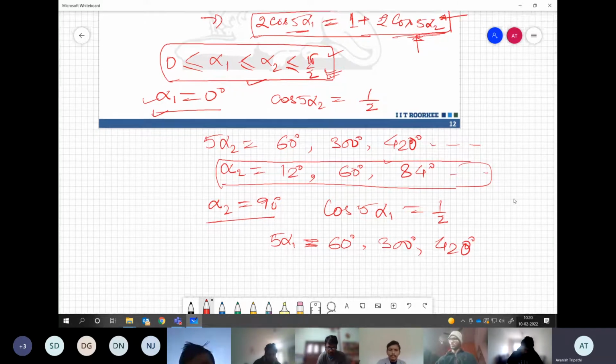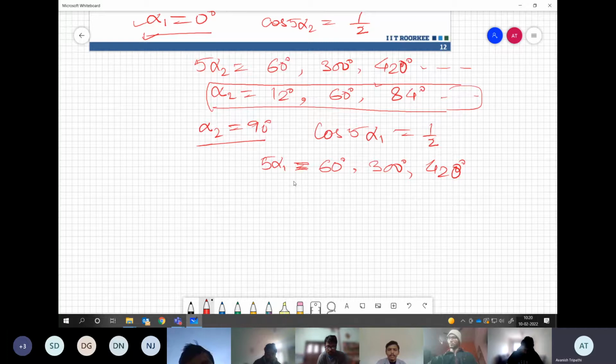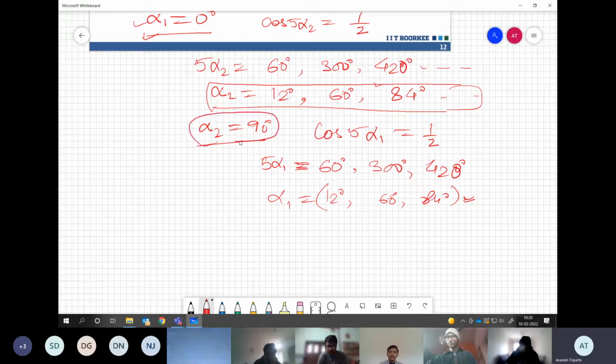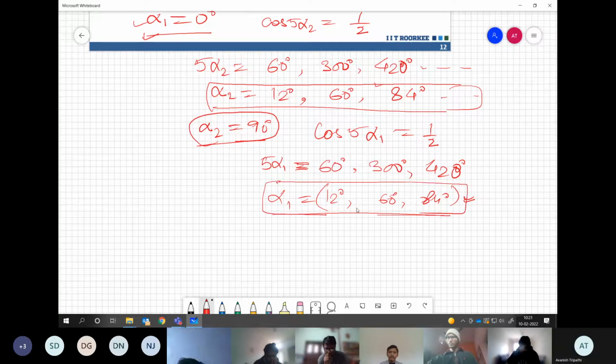Now, among all these values, we know that alpha 1 is attaining 12, 60, 84. Still, all these three are valid because this is within 90 degree and alpha 2 is at 90 degree. So all these values are below alpha 2, and this is also a valid solution. Again, we took one value of alpha 2 and we are finding multiple values of alpha 1.